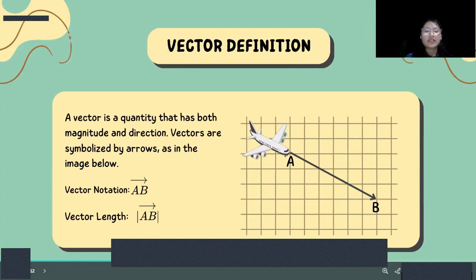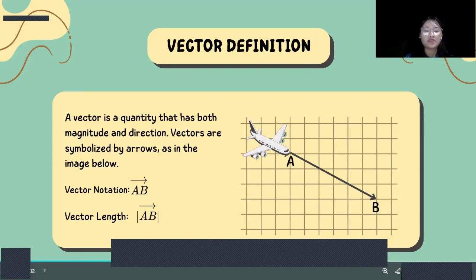Okay, first let's discuss the definition of a vector. A vector is a quantity that has both magnitude and direction. Magnitude means the size or length of the vector, while direction shows where the vector is pointing.